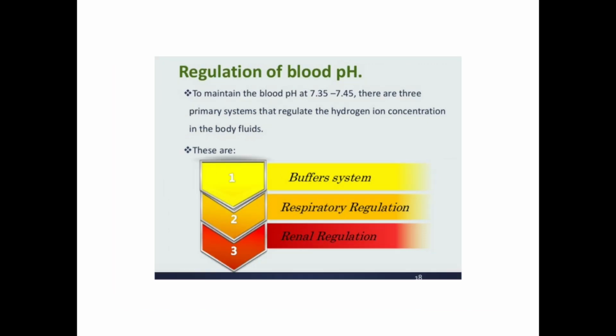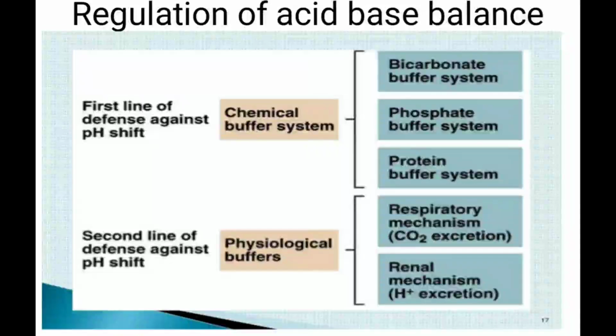Okay, so the first line of defense is called the chemical buffer system. They include bicarbonate, phosphate and protein buffer. The second line of defense against pH shift, meaning changes, is physiological buffers, which are respiratory and renal buffers.